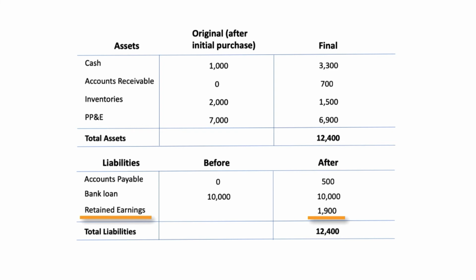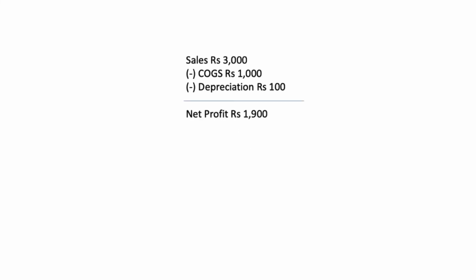Remember that retained earnings or profits that are added back to the balance sheet are part of the equity. This share of money belongs to the owners of the business. So at the end of day, our net profit was 1,900. We need to add back 100 rupees of depreciation, which was a non-cash charge. We did not pay any cash.